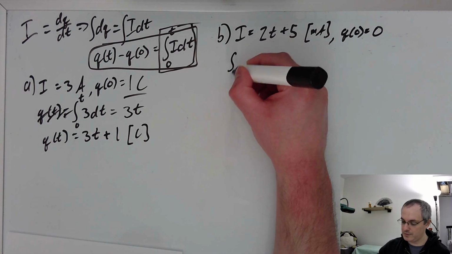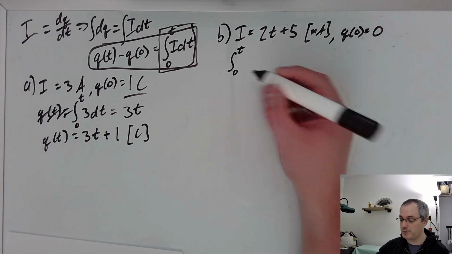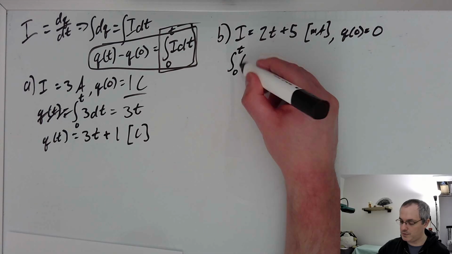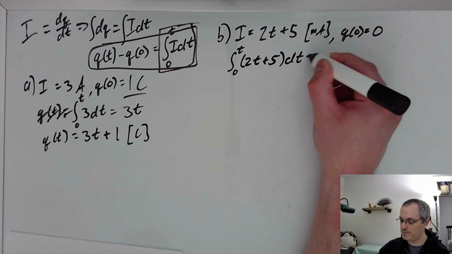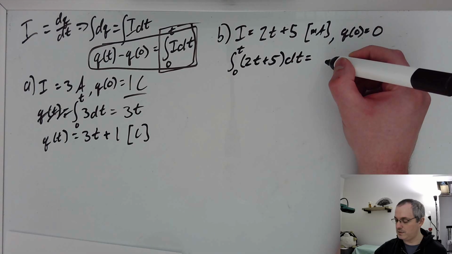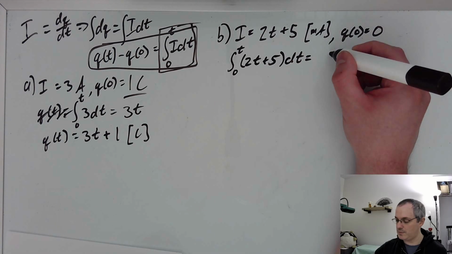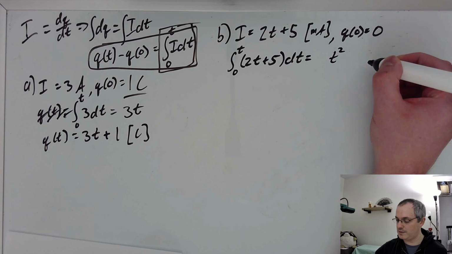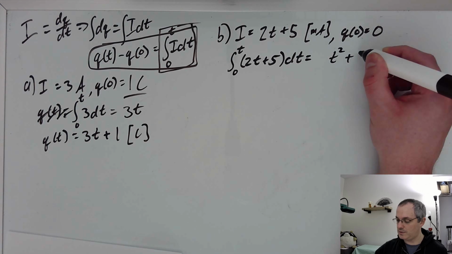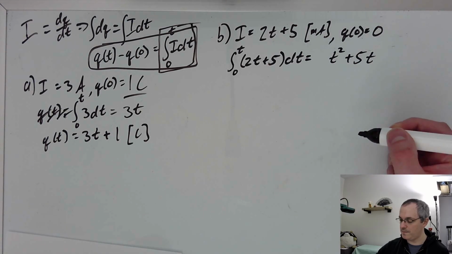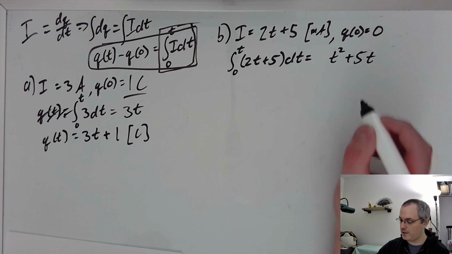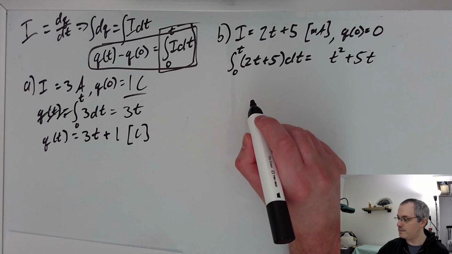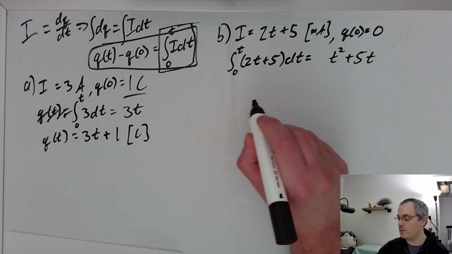Okay, so same deal. We're going to do the integral from 0 to t, just some arbitrary point in time, of 2t plus 5 dt, which is equal to, let's see, the t becomes a t squared, and you divide by 2, so it's just t squared plus 5t. And then it's plus 0.